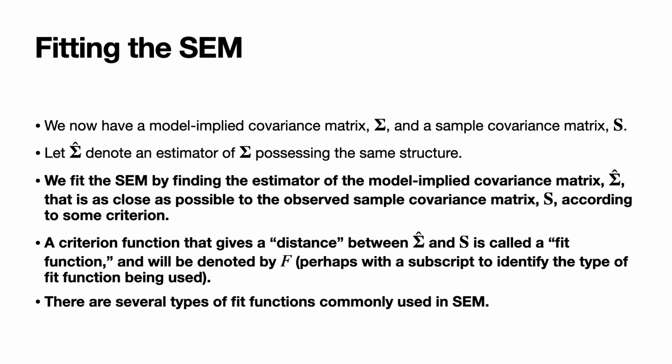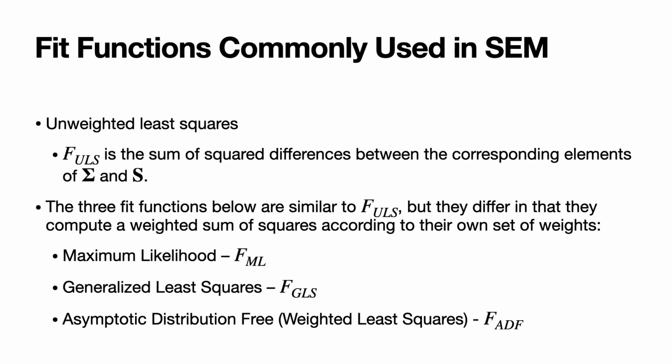There are several types of fit functions commonly used in structural equation modeling. Here are the fit functions that are commonly used. Unweighted least squares, and so we will subscript the criterion function F with ULS, and this is the sum of the squared differences between corresponding elements of cap sig and S. The three fit functions below are similar to the unweighted least squares criterion function, but they differ in that they compute a weighted sum of squares according to their own set of weights.